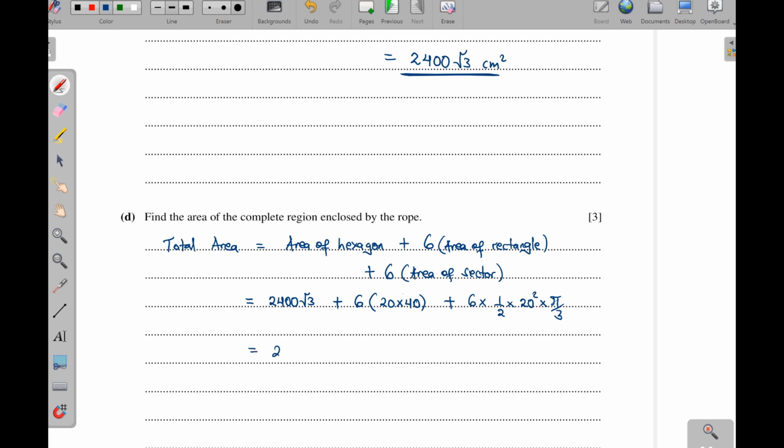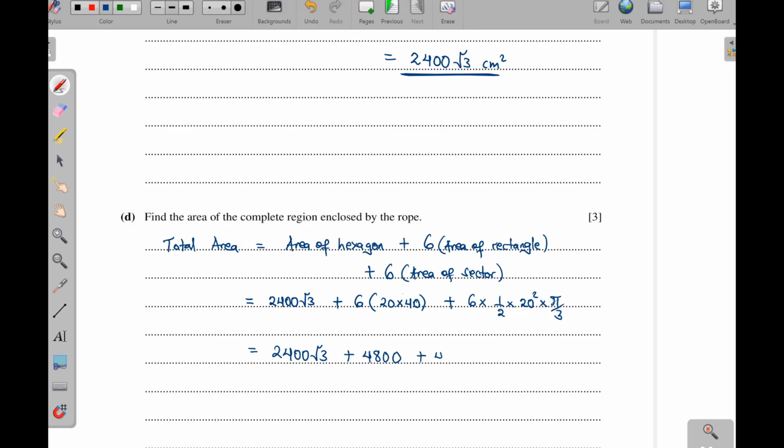And then what do we have here? So 2400 root 3, and then 6 times 20 times 40 is 4800. Then the 6 cancels with that 6, and we remain with 400 pi.